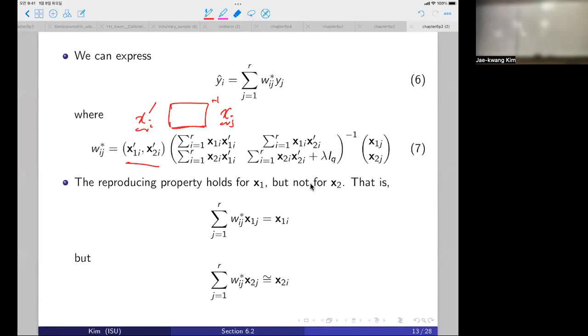And we intentionally separate X1 and X2, because here the idea is if you do it this way, you can show that you get exactly the reproducing property for X1, but not X2.